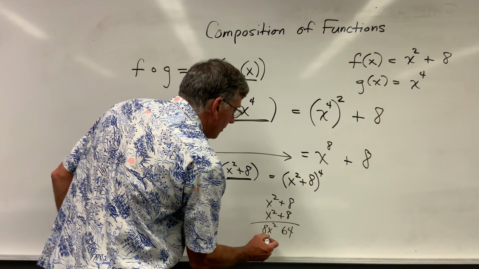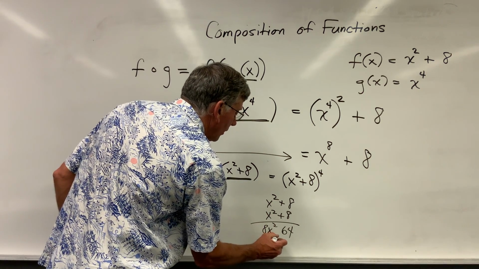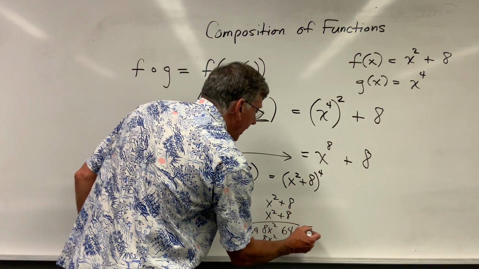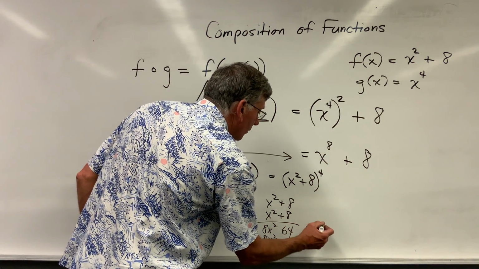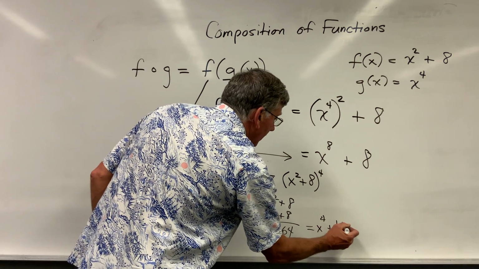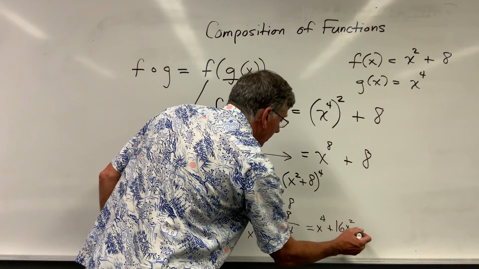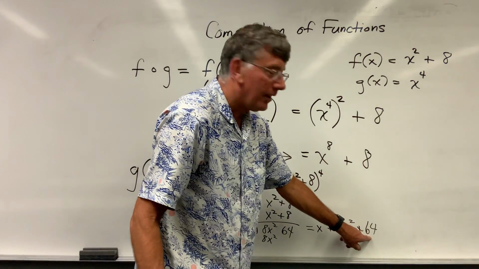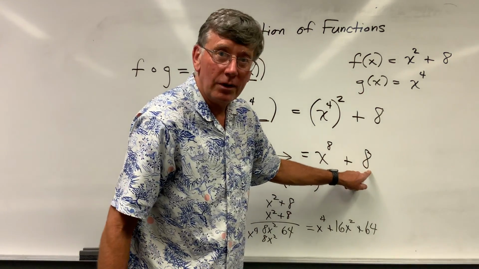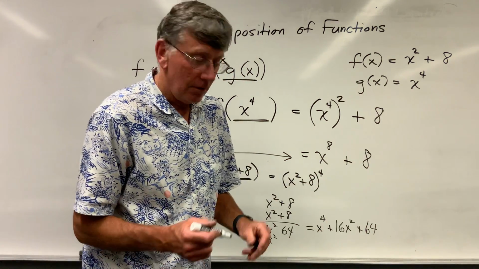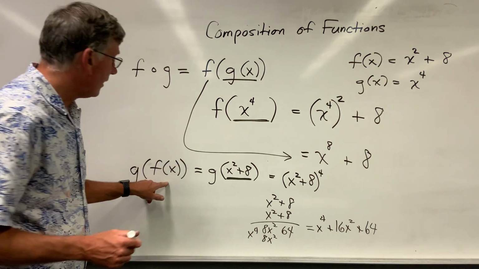X squared times 8 is another 8x squared. This is going to be x to the 4th. So already, halfway through our multiplying, we have x to the 4th plus 16x squared plus 64. You can tell right away that we've already missed getting our 8. This is not the same.